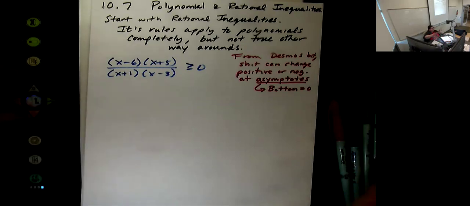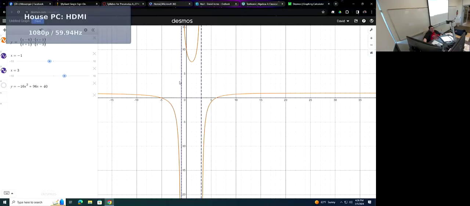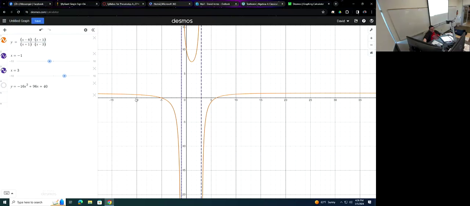All right, let's look at the graph again, see where else we saw where it changes. This black line right here is the y equals 0 line. So it looks like it's changing at -5. It's positive to the left of it and negative to the right of it.